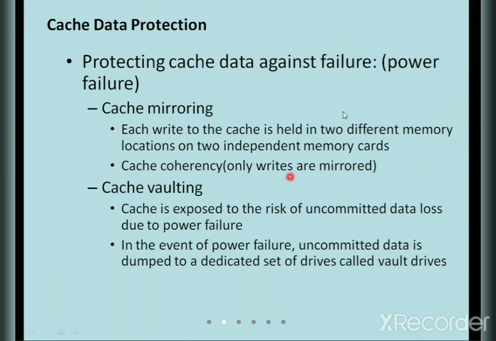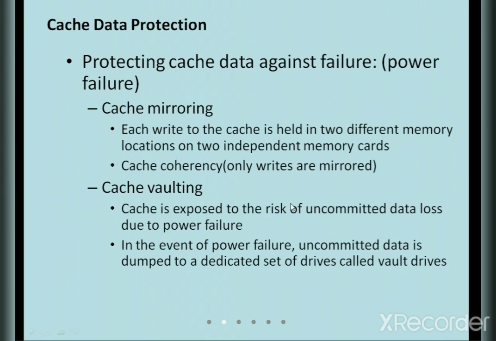and the data will be retrieved from that particular area. This one is very simple. You might have seen that whenever there is a power failure, you ask the system to restore the point where you had stopped. So vaulting acts as a restore point from where you had stopped.